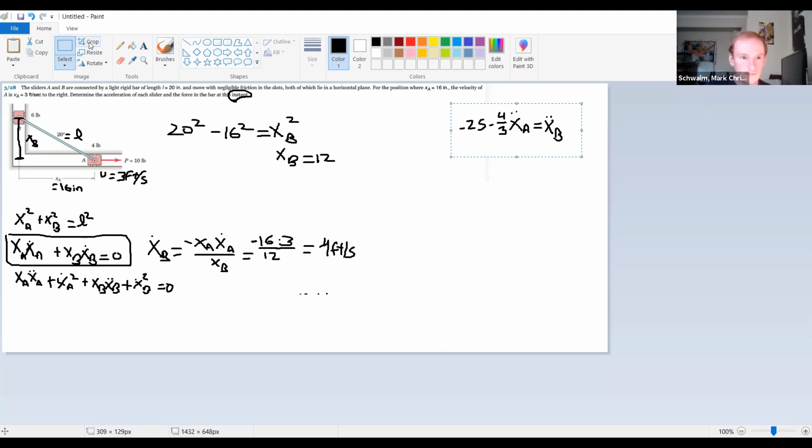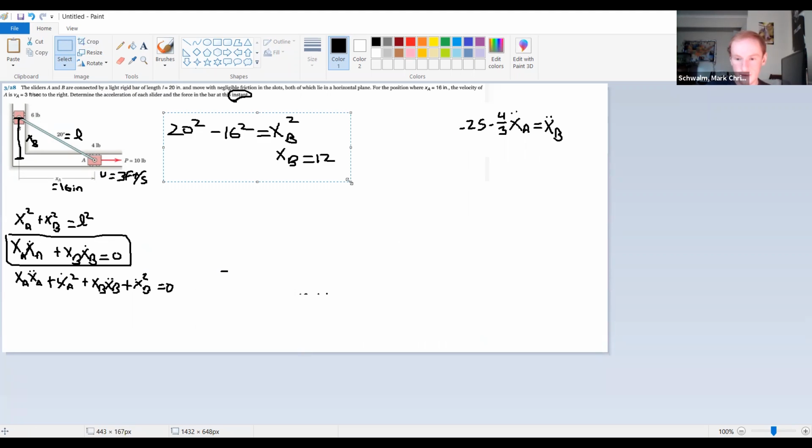So we have it. We know that x dot b is negative 4 feet per second. Maybe I should have kept that, but okay. So we still have these three.